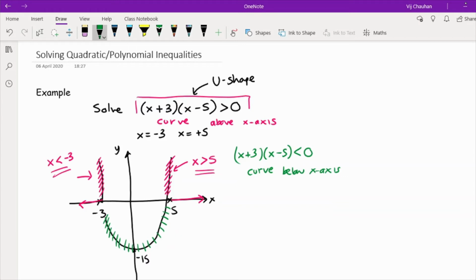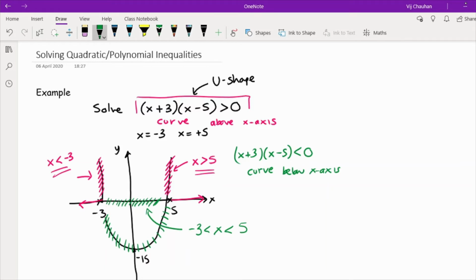It is one single part of that curve. I'm looking for where x is between those two numbers, so I'd represent that as x between -3 and 5, exclusive of those numbers, because looking back at the original equation, it's where it's above the x-axis, not on the x-axis.